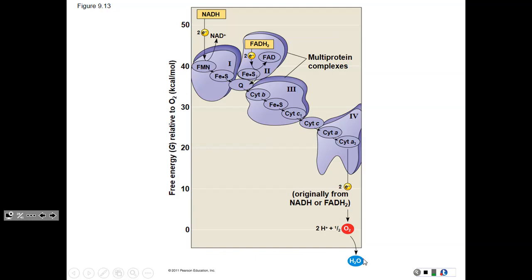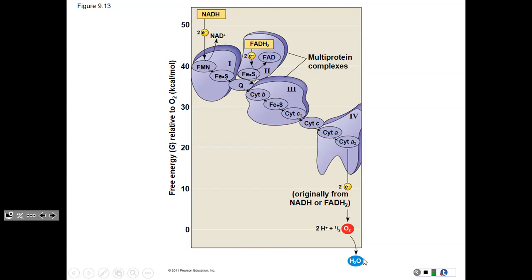Water is the low energy waste product at the end of the whole process. You can't do this unless you've got oxygen to foist those electrons off onto at the end of the process. Kind of a big deal.